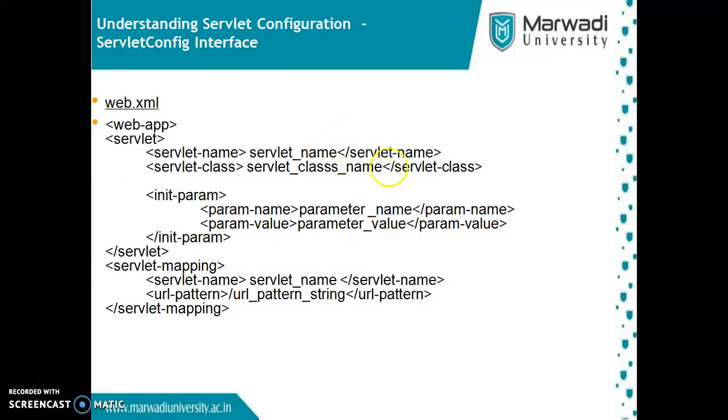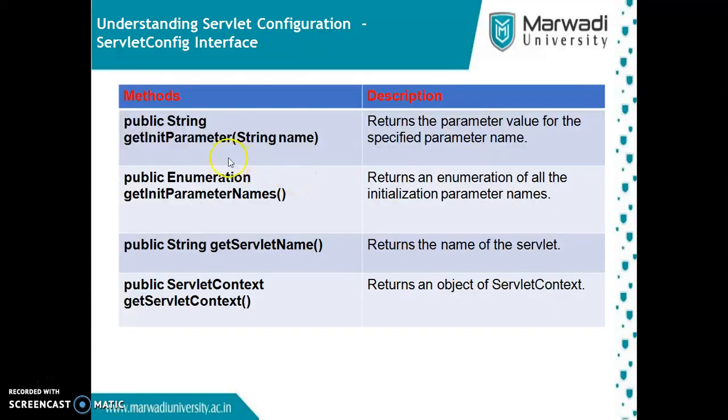Let's say in the previous slide I have a param-name called parameter_name, and the corresponding value is parameter_value. Whenever I use getInitParameter, I pass parameter_name as the parameter name, and this method will return parameter_value as the parameter value corresponding to the given name.